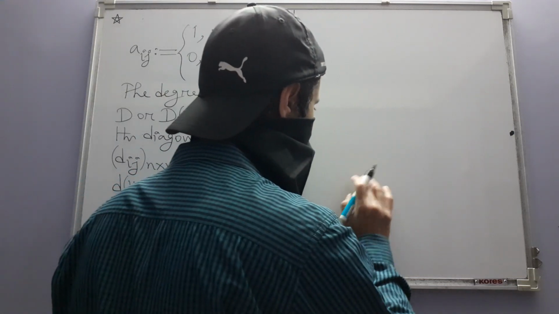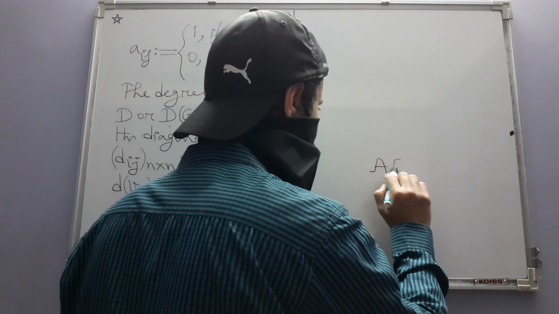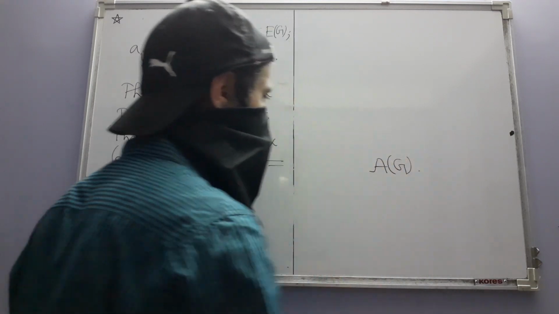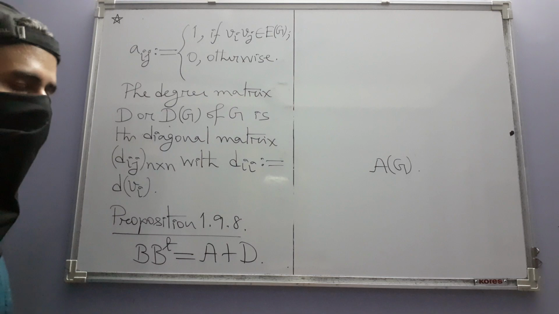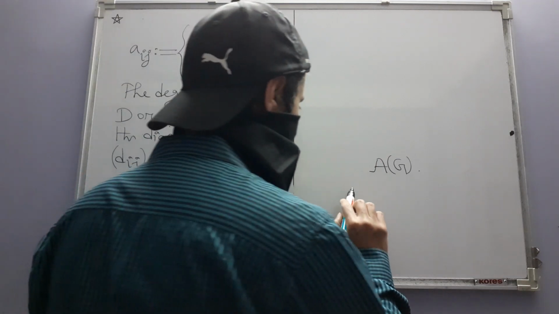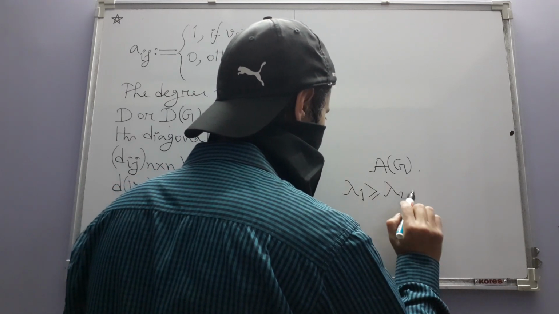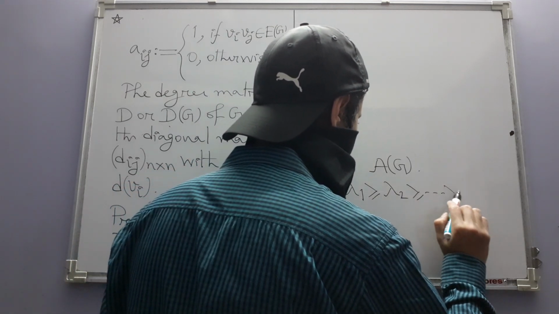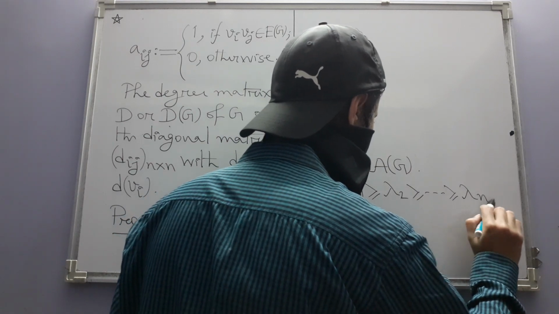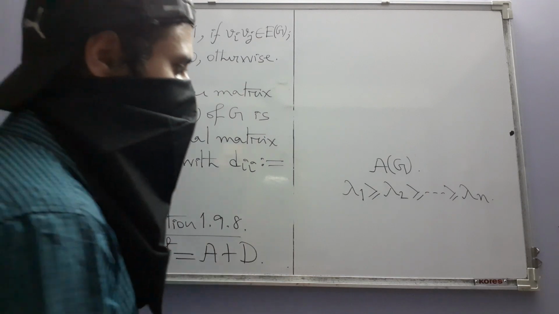For example, because the adjacency matrix of a graph is a real symmetric matrix, its eigenvalues are going to be real numbers. So you can arrange them in an order like this. There will be n eigenvalues if the matrix is n by n, that means if the graph has n vertices.